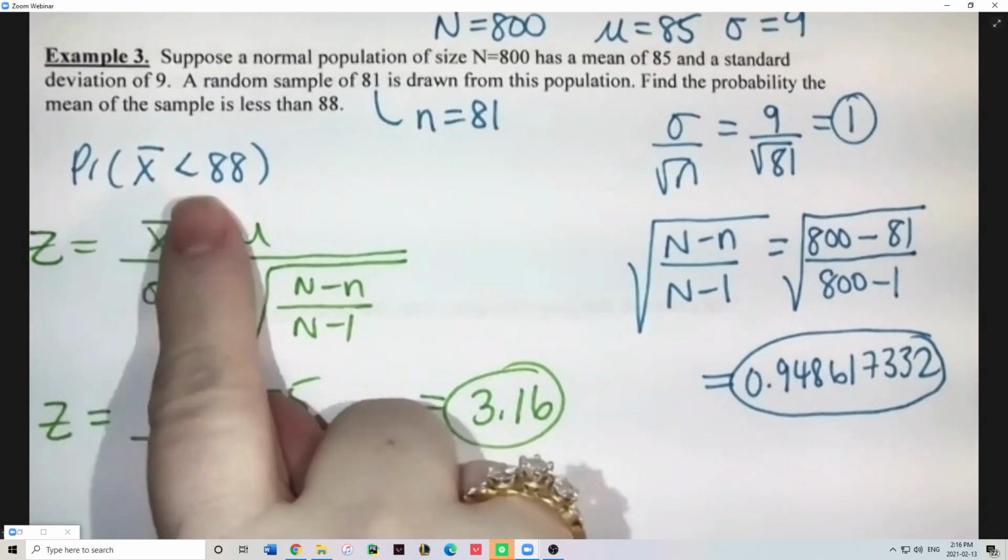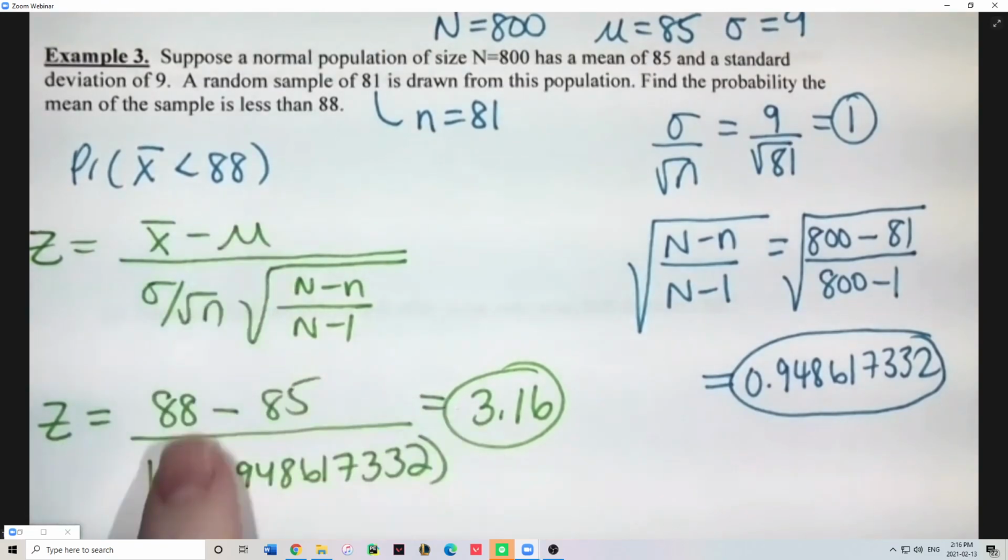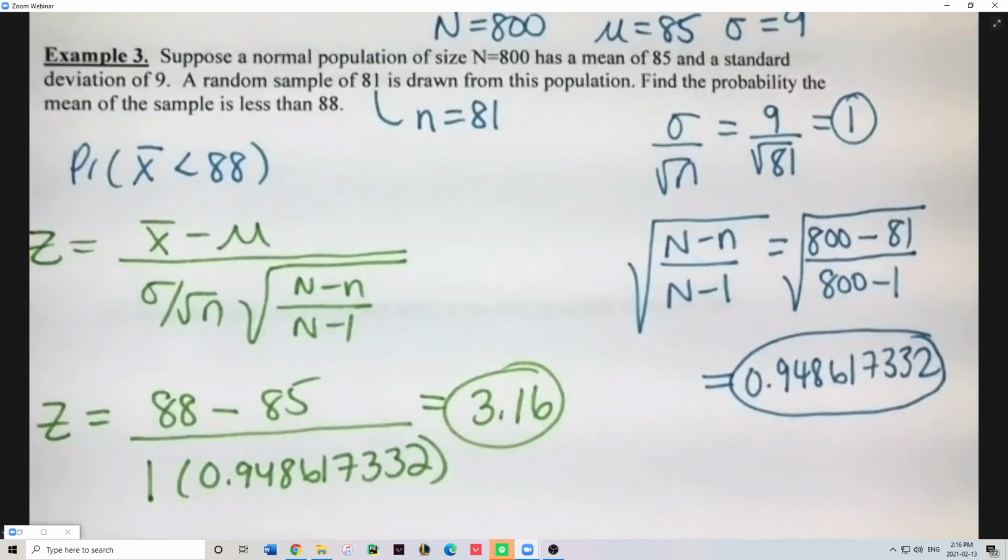So we had X bar less than 88. So now what do we do? Write down what you think you're going to do next.